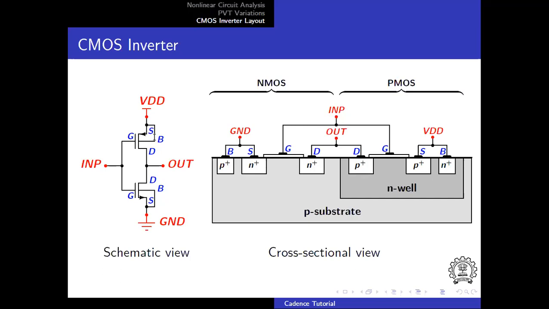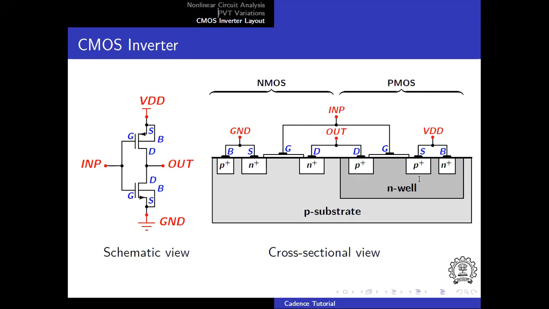So in the implementation in the CMOS process, we have a P substrate in which we have all our NMOS devices. As we can see in this NMOS, in the P substrate we have these N plus regions, which are the source and drain of the NMOS, and this P plus is used for biasing the substrate.